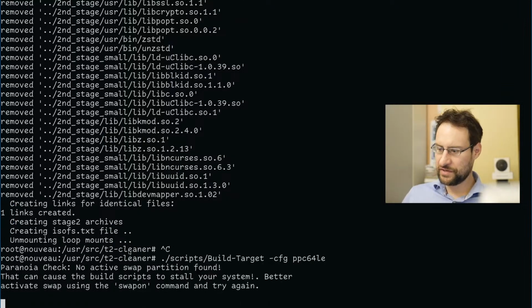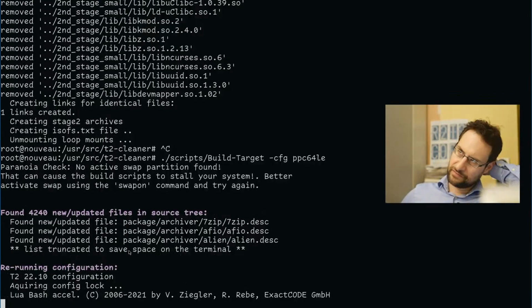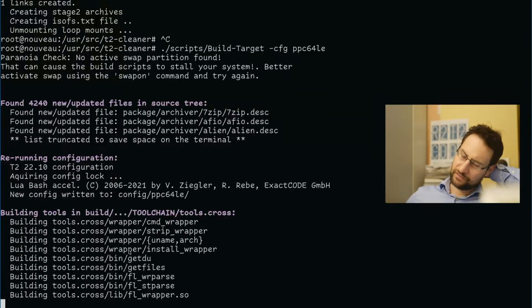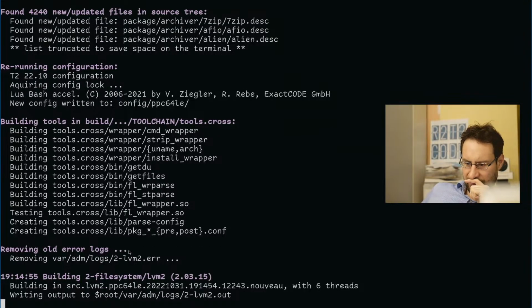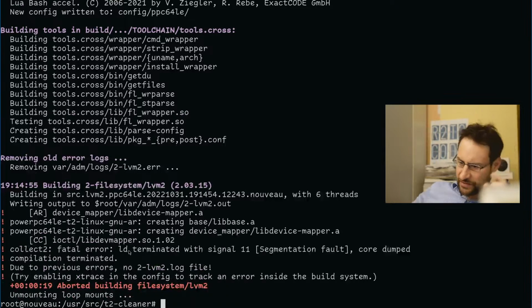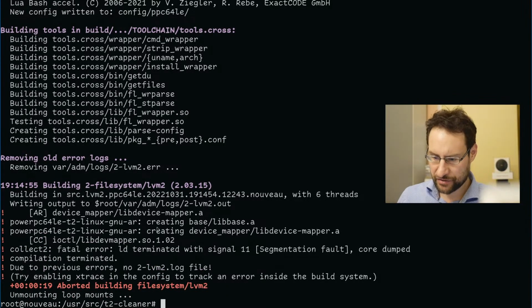So that is also a genuine GCC or binutils optimizer bug. And I think I will simply quirk that to override the base optimization.